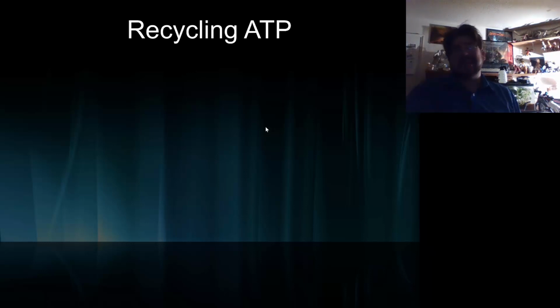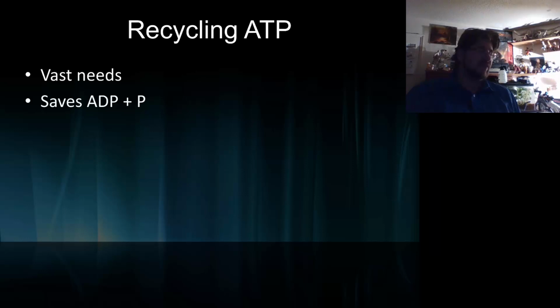It takes a surprisingly large amount of ATPs to power a cell. A cell has vast needs of ATP. So a cell does not exocytose adenosine diphosphate and that phosphate we cleaved off. It doesn't go, done, kick them out. Instead, it uses one of two basic processes to react them together and turn it back into ATP.